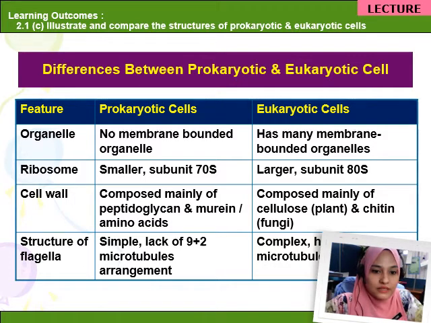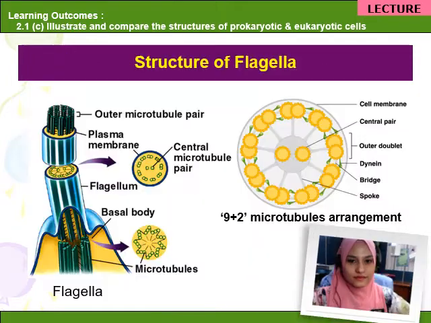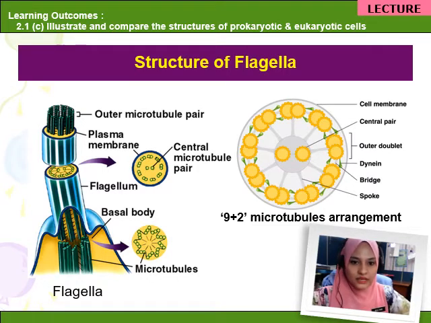Prokaryotic flagella are simple and lack the 9+2 microtubule arrangement, while eukaryotic flagella are much more complex, which means they have the 9+2 microtubule arrangement. Probably some of you are wondering what the 9+2 microtubule arrangement is. In this slide, I am going to explain the structure of the flagella.